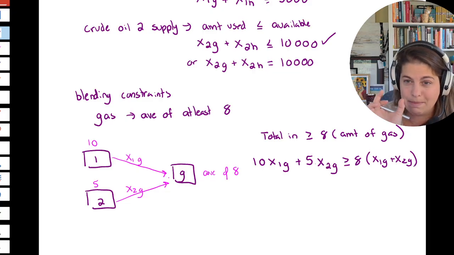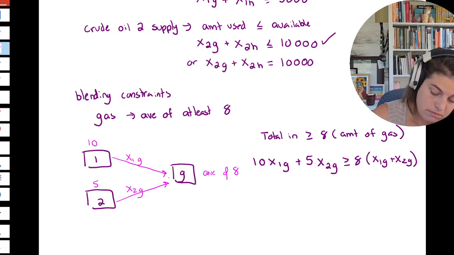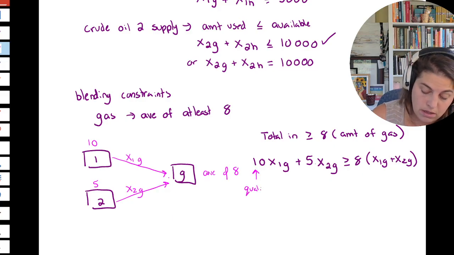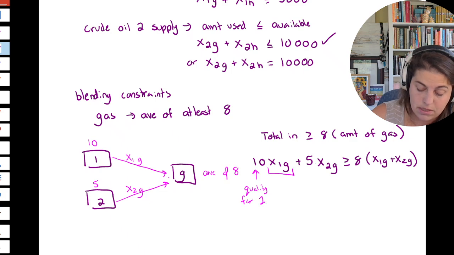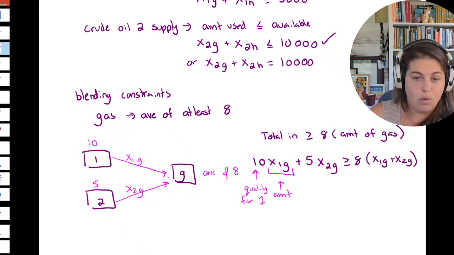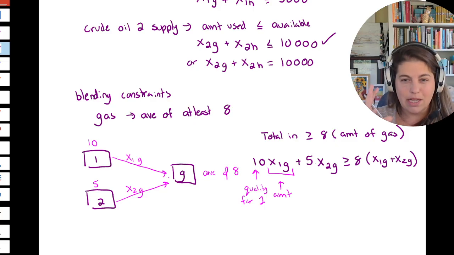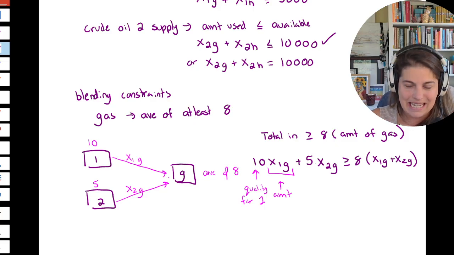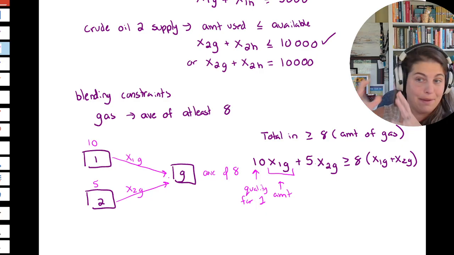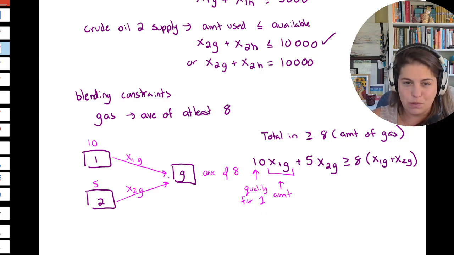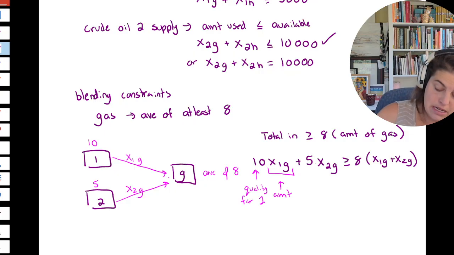So I've got that total amount going in. So this is my quality for 1, and this is my amount of 1 going in. But the total quality going in has to be at least 8 for each barrel that we make, so we're multiplying by that total number of barrels.